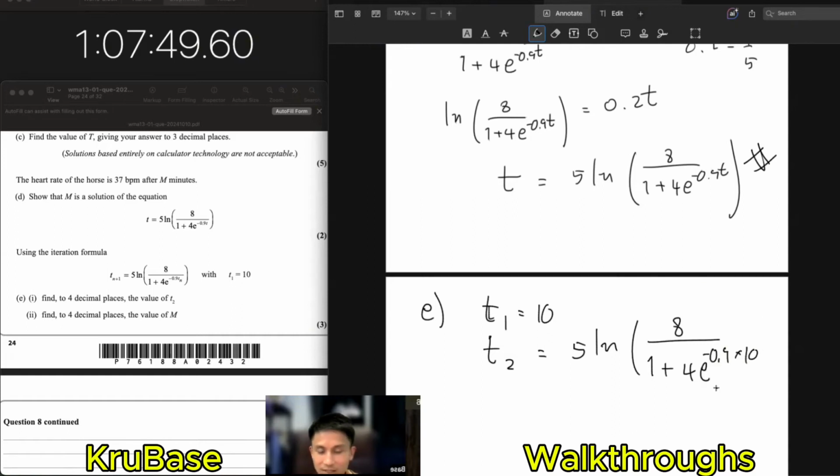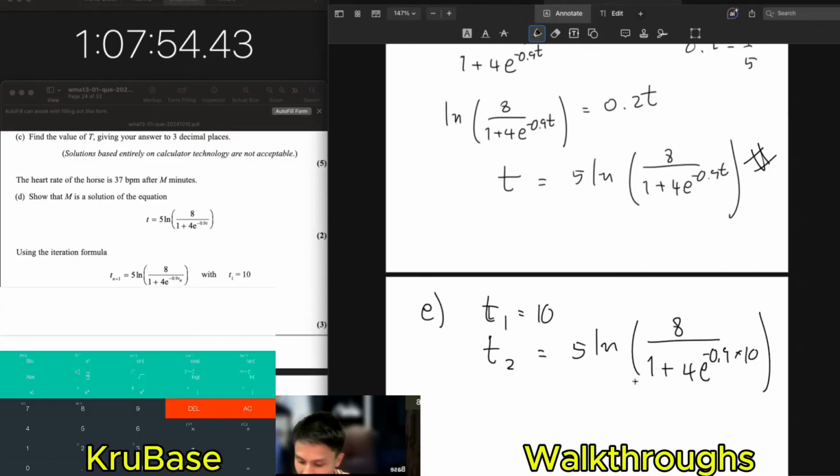So I'm just multiplying by 10 there in the power. So I'm just going to do 10 equals, that would be my stored answer as T1, and then do the 5 ln fraction 8 underneath.